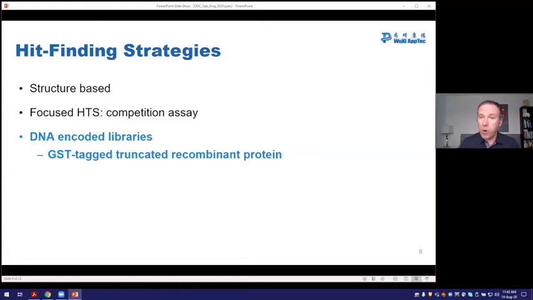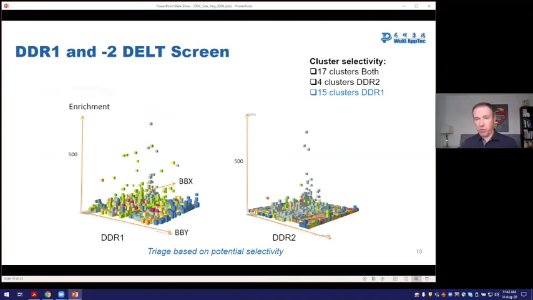And so I'll talk more about the outcome of the DEL screen. I'm showing you here two different cubes. We have the building block which was used at the first cycle of chemistry during the production of the DEL, the building block which was used at the second cycle, versus the enrichment levels.